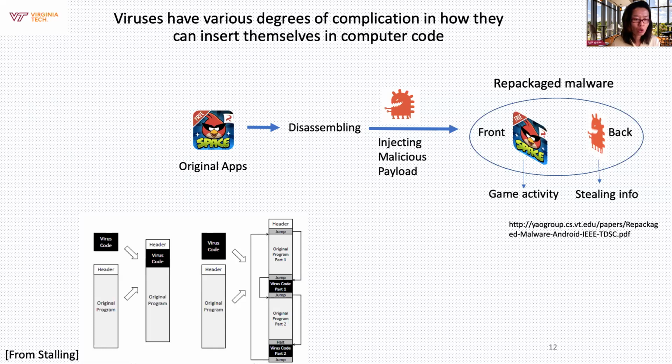Here at the lower left, you see there are different places for a virus to insert itself, maybe at the beginning of the program, just to make sure it gets executed, or at the end or the middle of the program, but making sure that there's some jump command that leads to it.